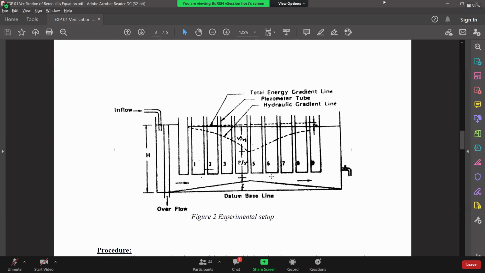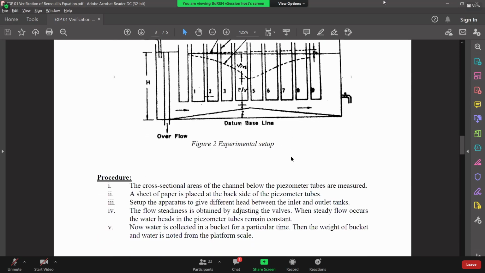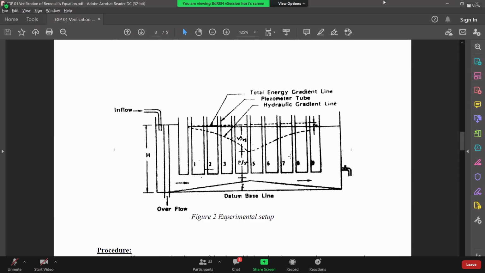I'm not sure how it's being done in the other groups. Group A and group C have done the experiment, I think. Did they get the data? Do you have any idea about that? No, sir, not yet. I'll ask them. I can provide you the data if that's what other people are doing. But there is actually no point in doing it that way.